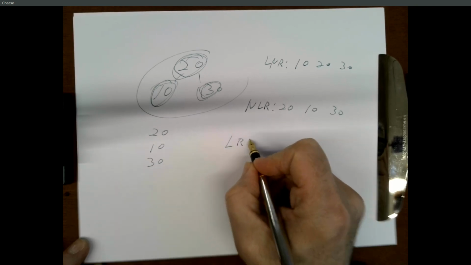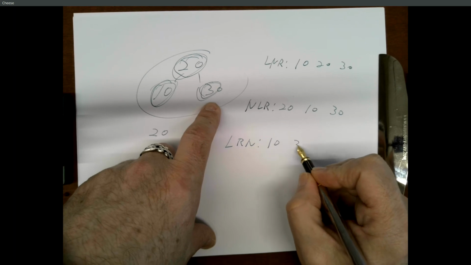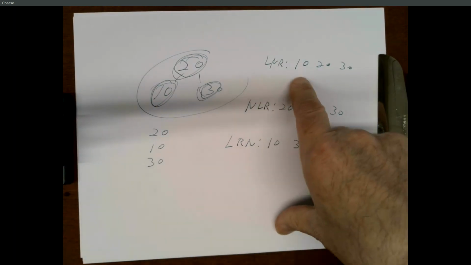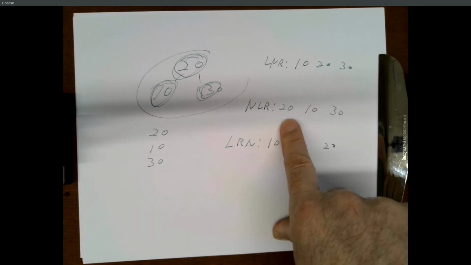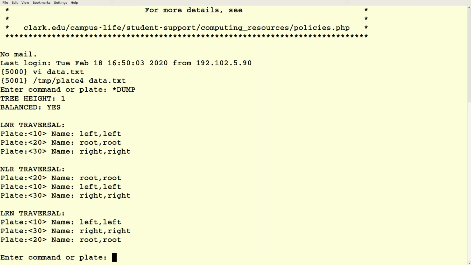And left right node means traverse all the way to the left first, then traverse to the right, and then print out the root node. So LNR, that's called in order, should be 10, 20, 30. Node first should be 20, 10, 30. Node last should be 10, 30, 20. Which is what we're seeing here.